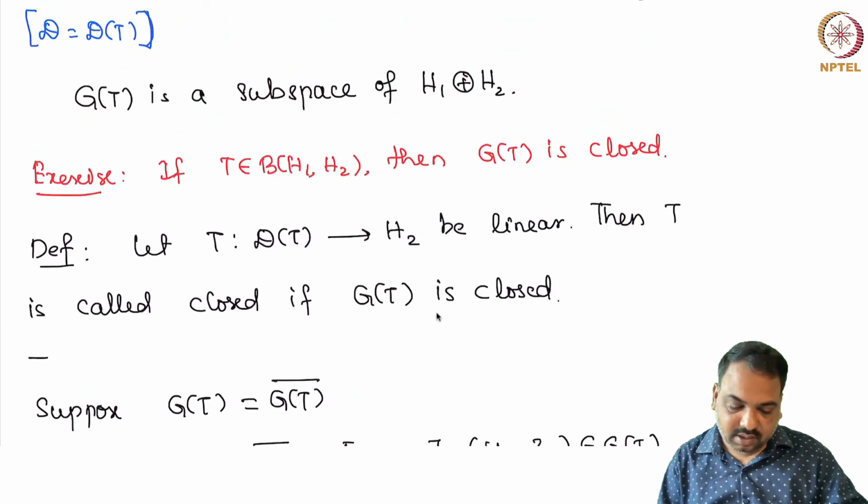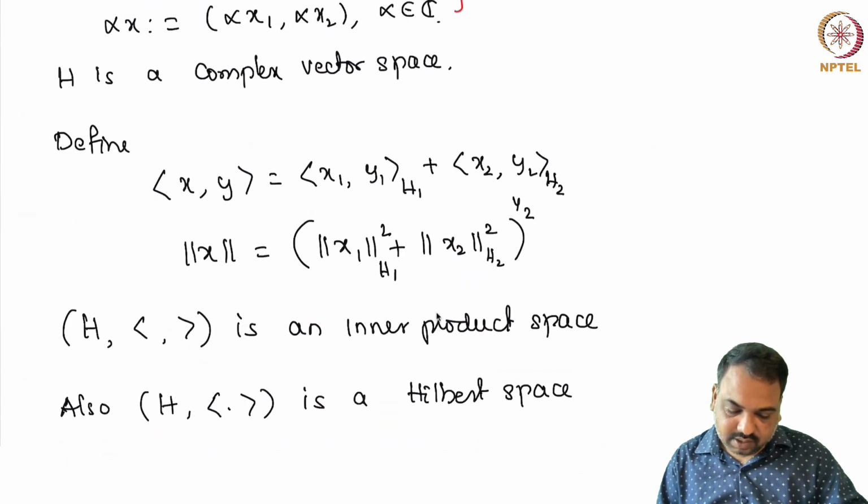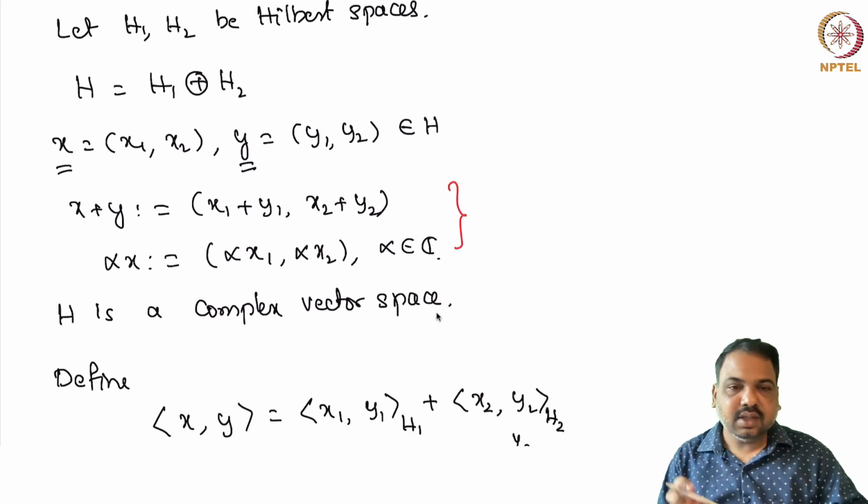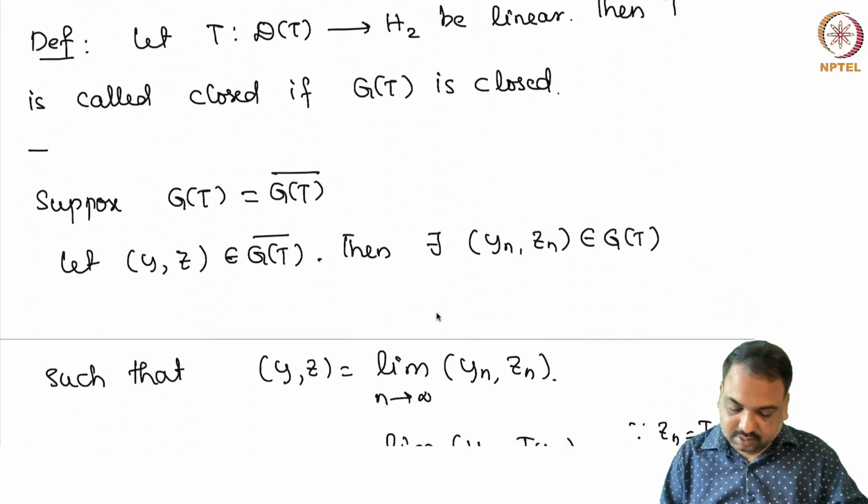This we can easily show: whenever we have a sequence converging in H1 direct sum H2, the corresponding components converge in H1 and H2 respectively.